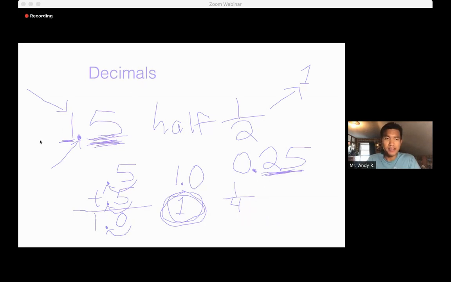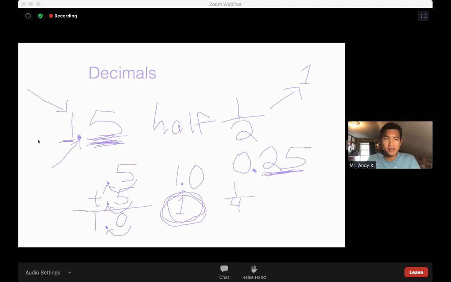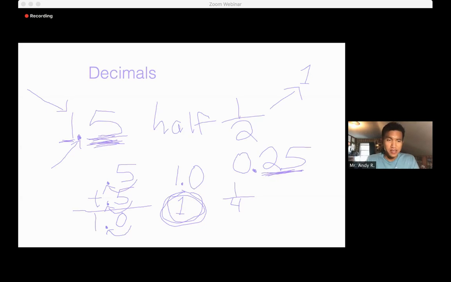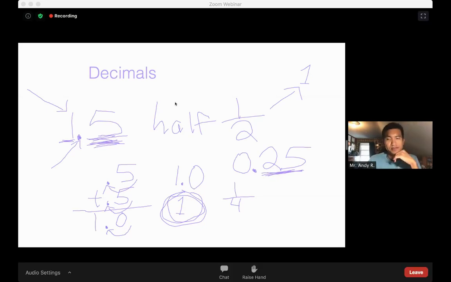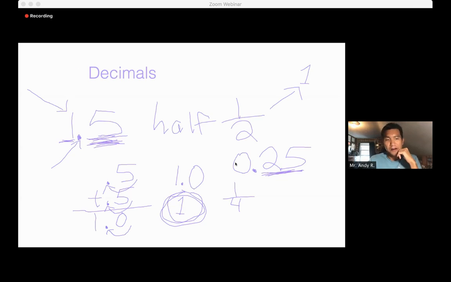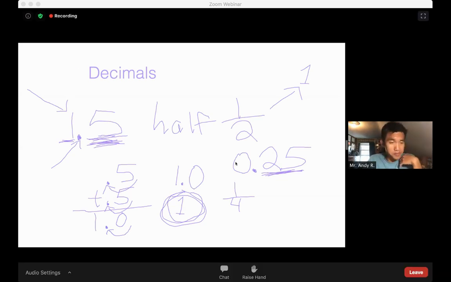Good, excellent. Confusion? Question? Okay. When we work on the math problems, you'll understand more. Everyone done writing this?